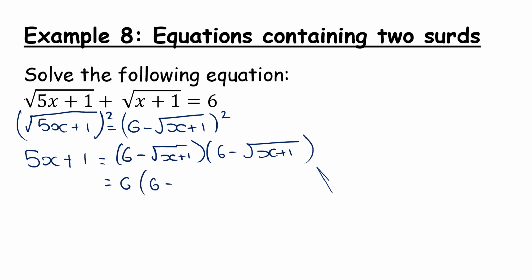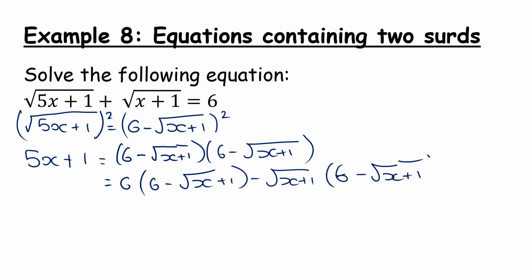So basically we want to split our bracket, and then we have a minus root x plus 1 bracket, 6 minus the square root of x plus 1. Okay, so 6 by 6 is 36. The square root of x plus 1 by 6 is going to be minus 6 root x plus 1.